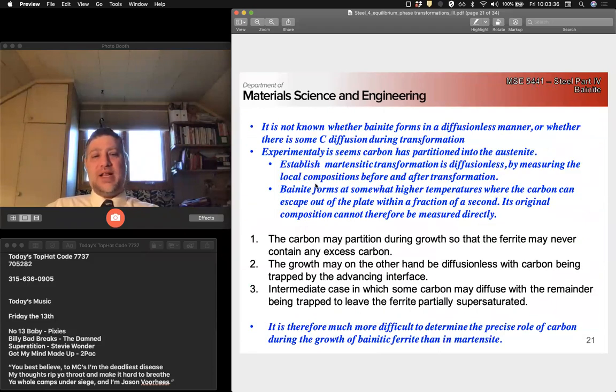And it's very difficult to tell whether something's bainite or martensite when you're looking at a microstructure. Sometimes it looks like Widmanstätten and it's actually bainite. Sometimes it looks like martensite, but it's actually bainite. And there's still sort of a debate as to whether or not bainite is diffusionless or diffusional, right?